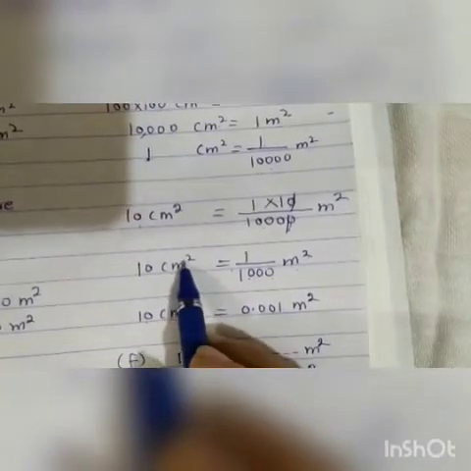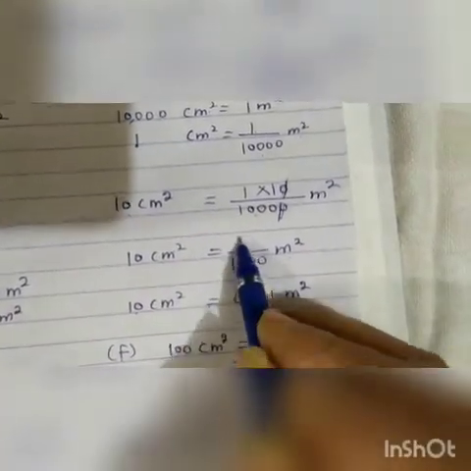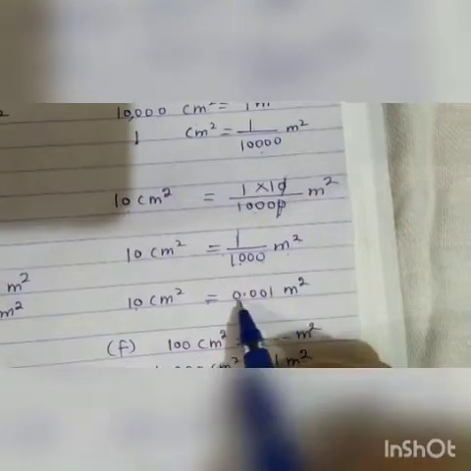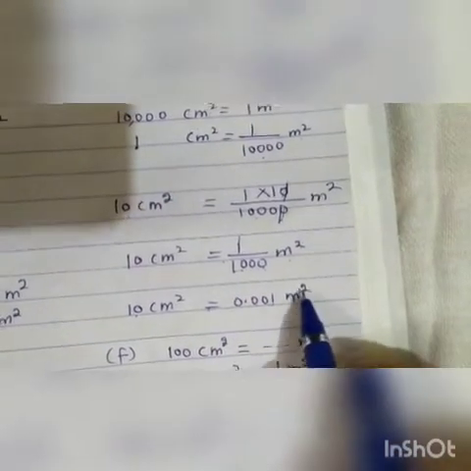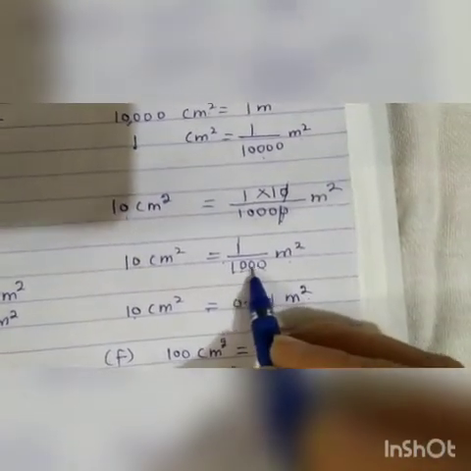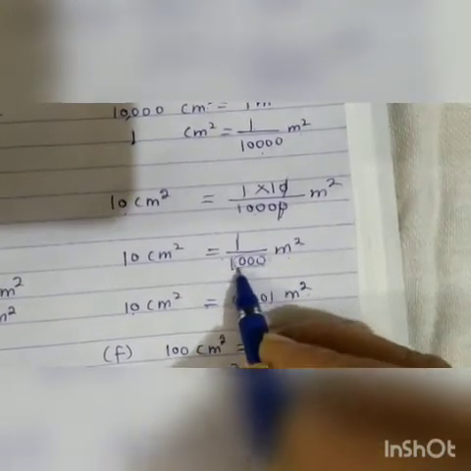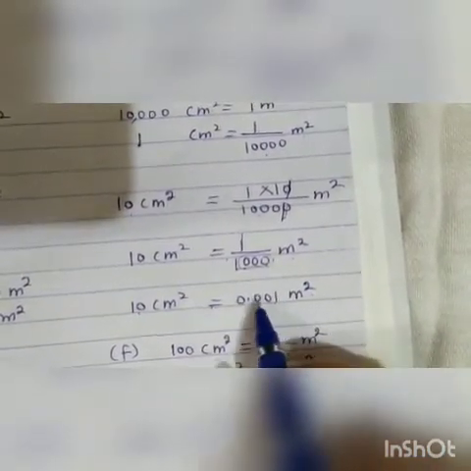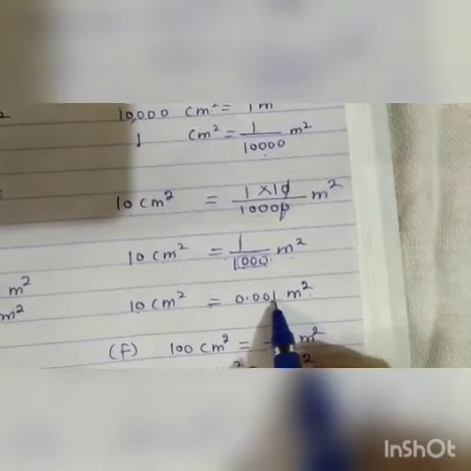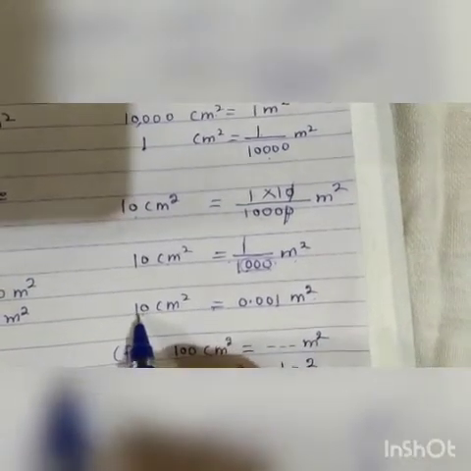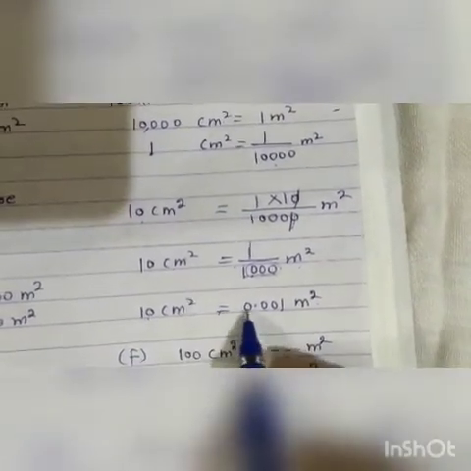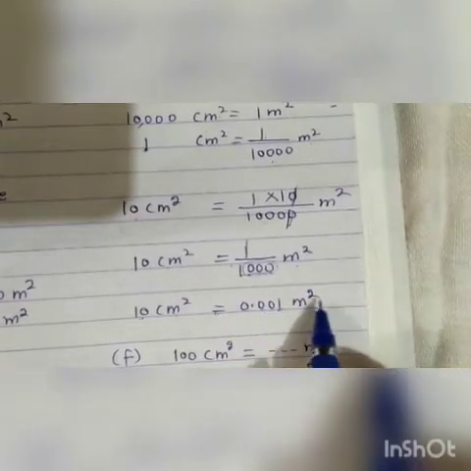When we divide 1 by 1000, we get 0.001 square meter. Or we can say in the denominator there are 3 zeros, so in the numerator the decimal will be before 3 digits, 1, 2, 3. Means 10 square centimeter is equal to 0.001 square meter.